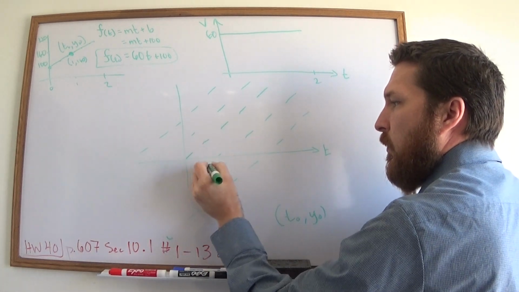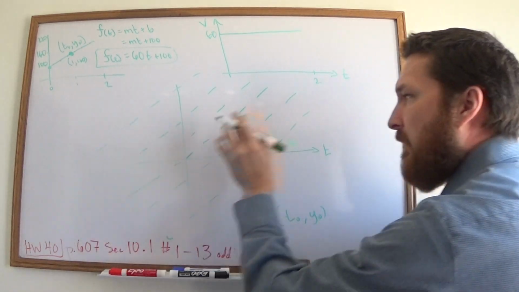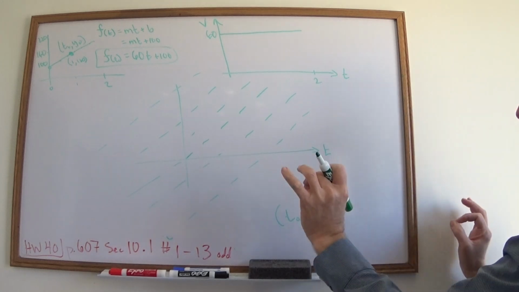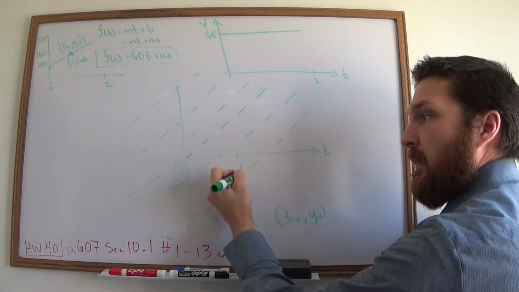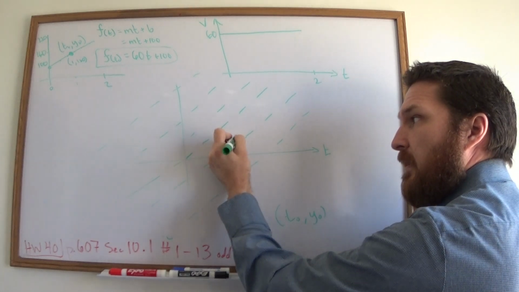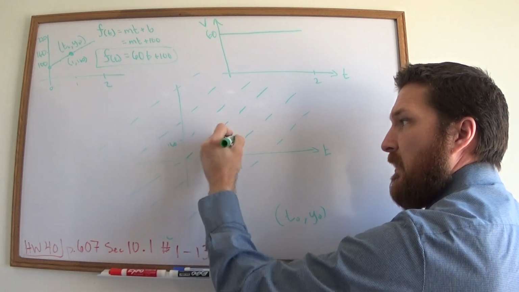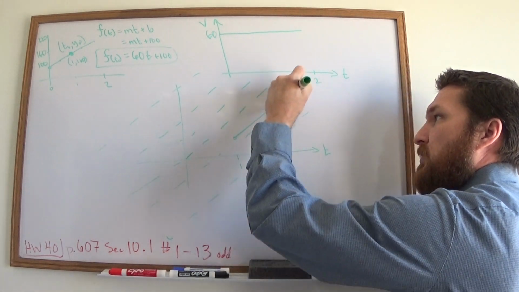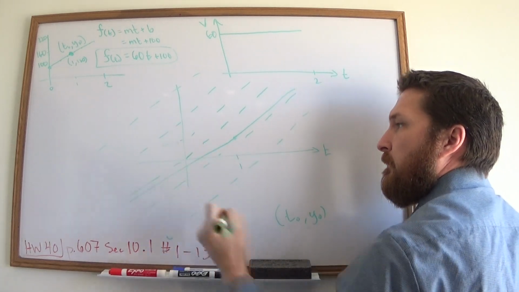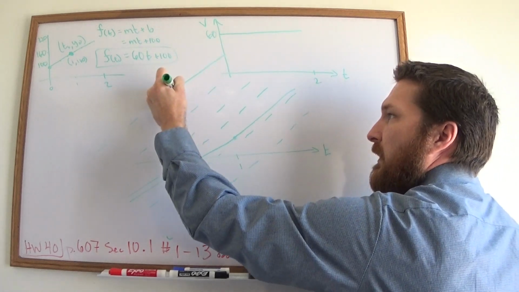So if I know where I started, or at some point that I was along the line, if I know that I was here, at 160, then my solution should look like this.